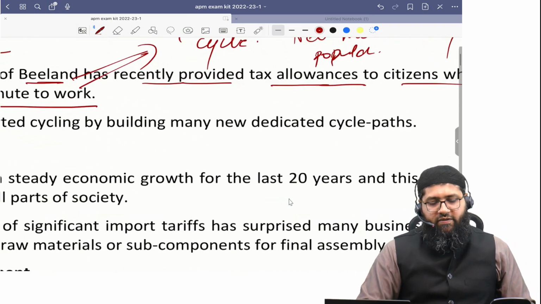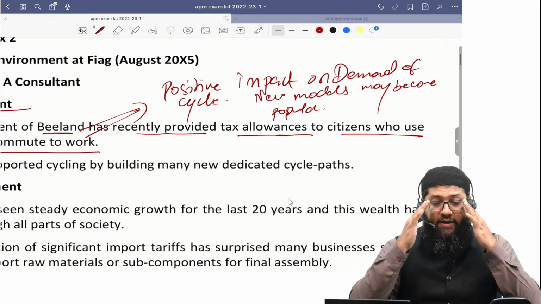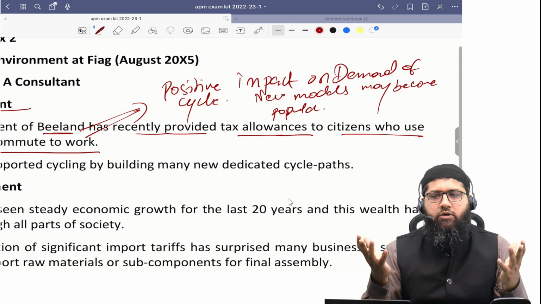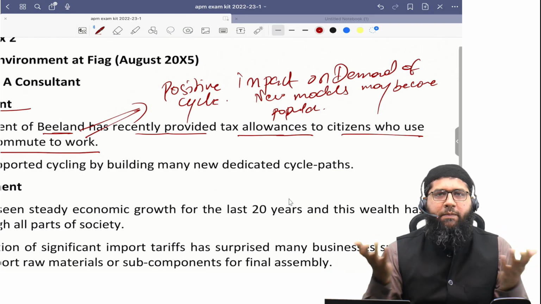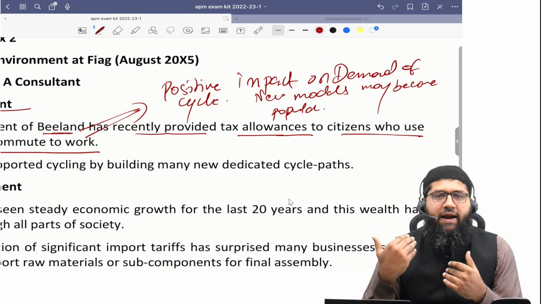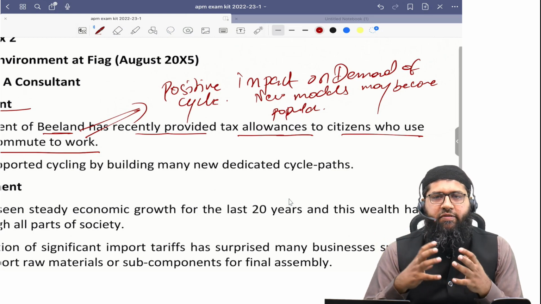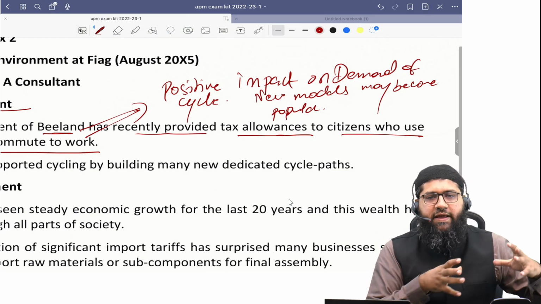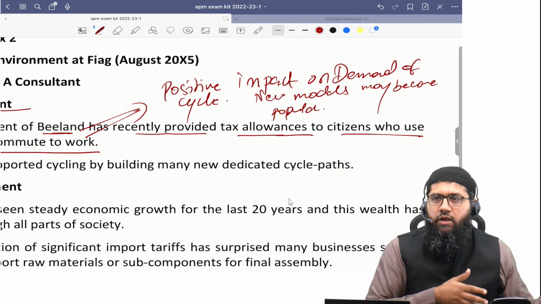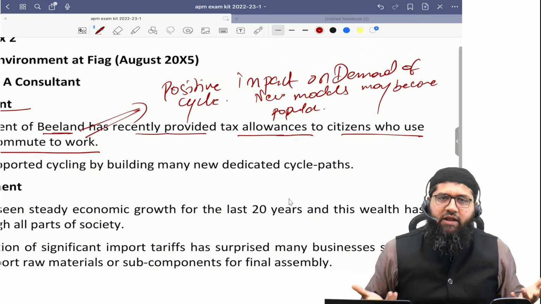So there is going to be a significant impact on the demand for the bicycles. Why? Because the government is giving incentives to people using bicycles. Automatically your business model is now very much suited toward the incentives the government is giving. So you would be getting a lot of benefit out of it, right?